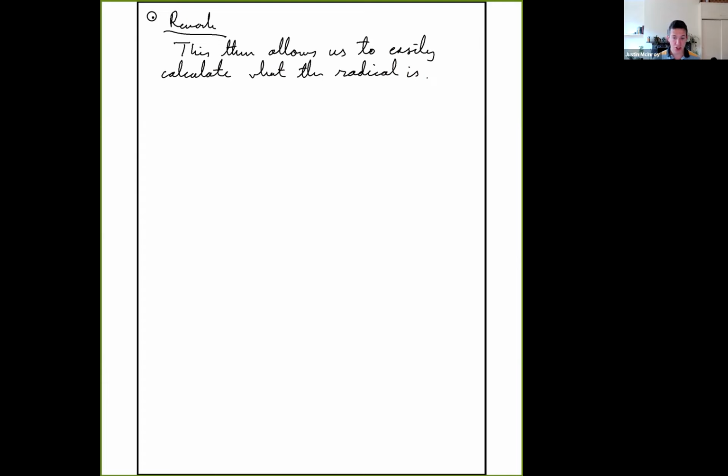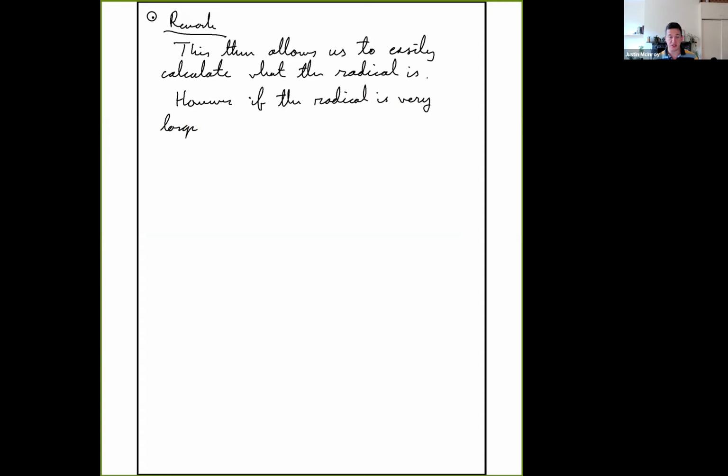But it's actually not the full situation, because suppose the radical is very large.